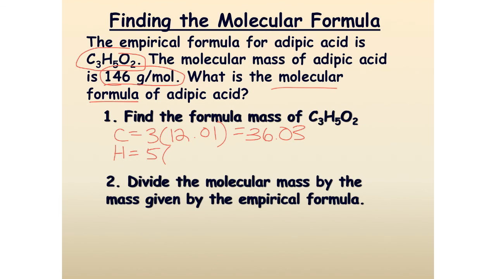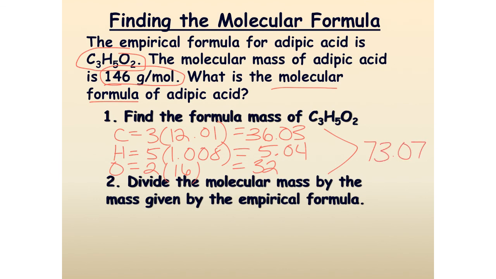Hydrogen, we have 5. Now we probably here would have been fine using whole numbers since what they gave us was a whole number. All right, so I get about 73 grams per mole.